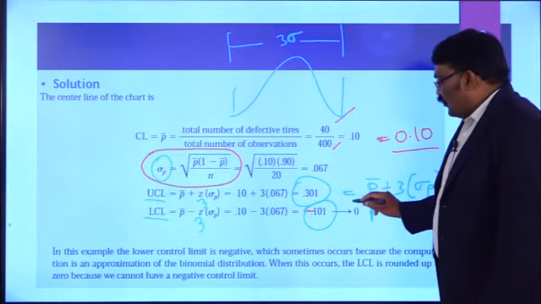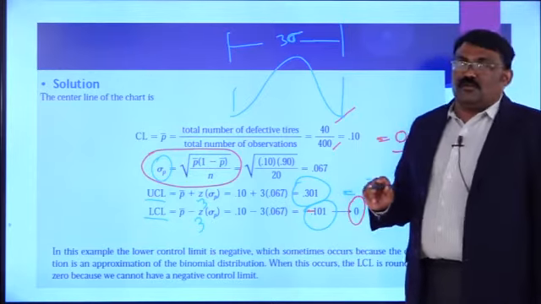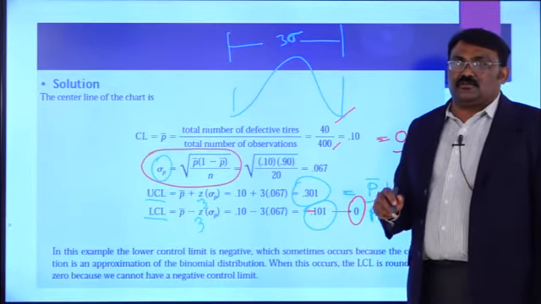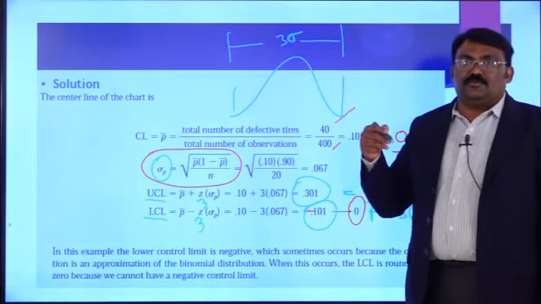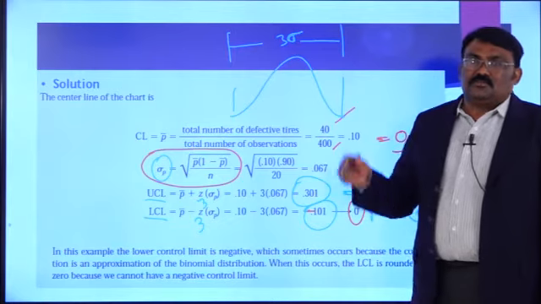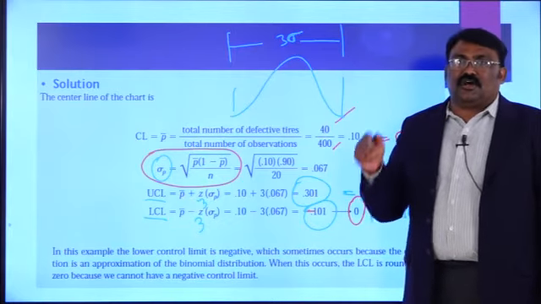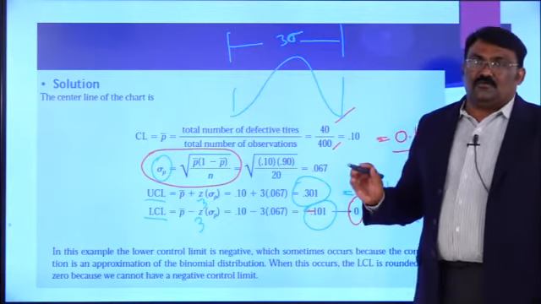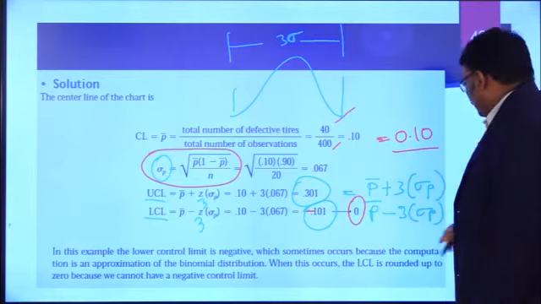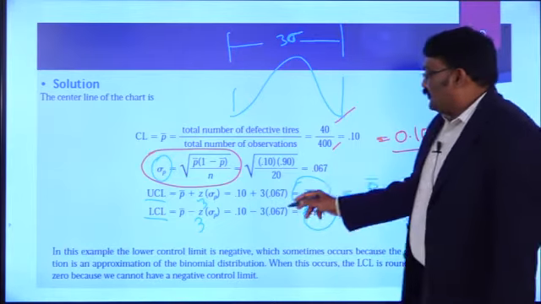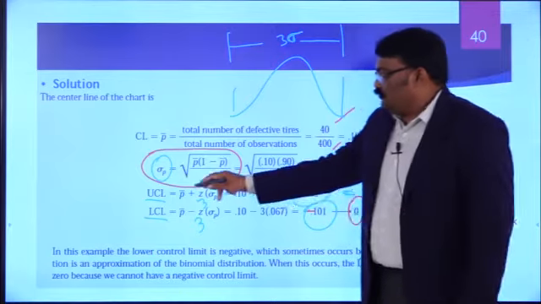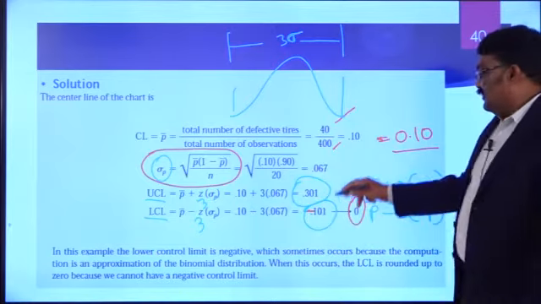It has to be rounded off to 0, because from a quality perspective, the quality cannot be below 0. So, any negative value below 0 has to be rounded off to 0. Okay? Right.